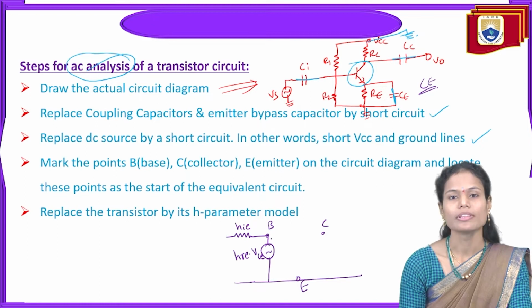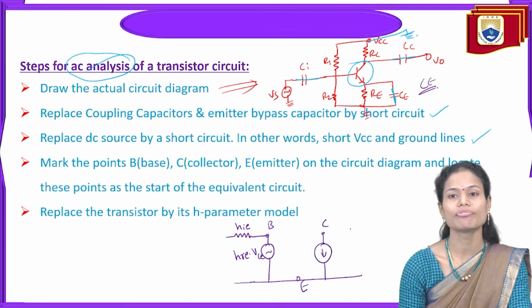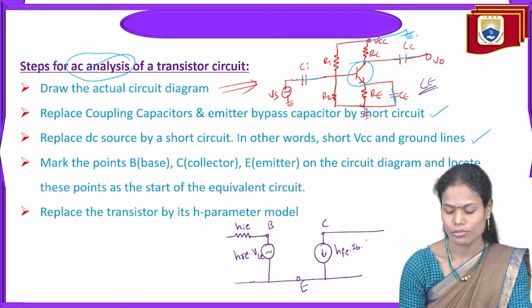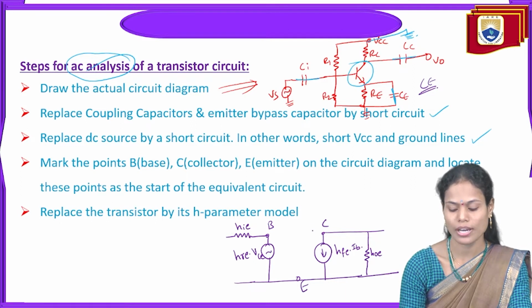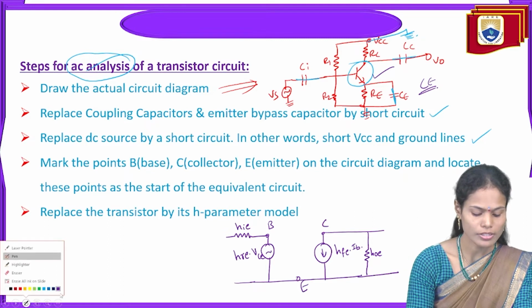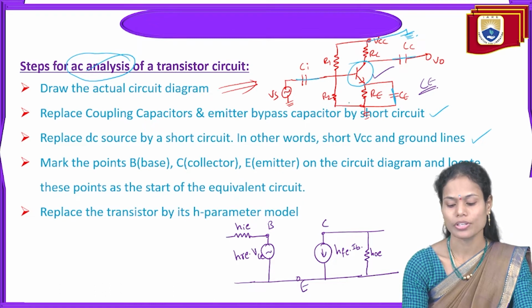This is connected between the base and emitter terminals, and also across the output side we will get the forward current gain HFE multiplied by the base current or input current of the transistor, and also we are having the HOE output admittance. So this is the hybrid equivalent circuit of this transistor, and along with this we are also having the remaining elements in the circuit.